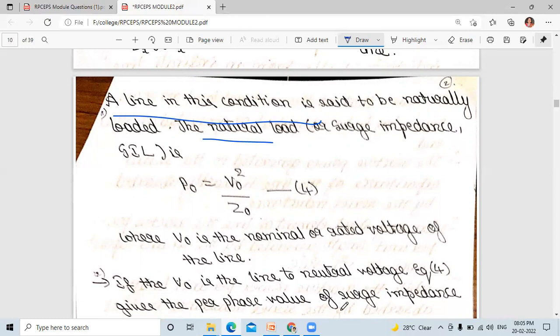If they ask for 10 marks, at least mention 5 points on surge impedance, 5 points on natural loading, and some equations. Always remember, don't write only about surge impedance if they ask for surge impedance and also natural loading, because the marks will be allotted as 5 marks for surge impedance and 5 marks for natural loading.